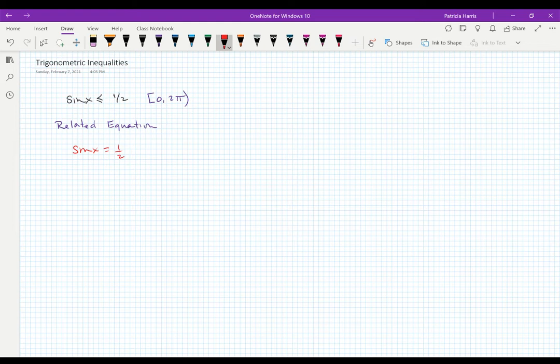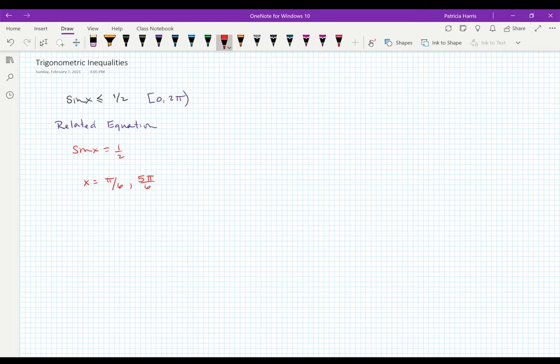Using the inverse function or the unit circle, we know that sine is 1/2 at x equals, actually, no, wait, that's not a 2, that's a 6. I'm sorry. So pi over 6 and 5 pi over 6. That tells us where it's equal to. I want to know where it's less than.